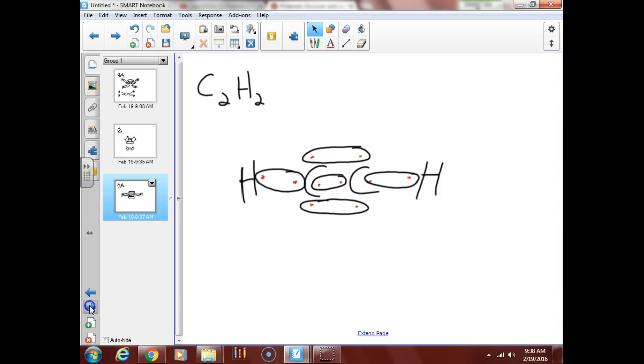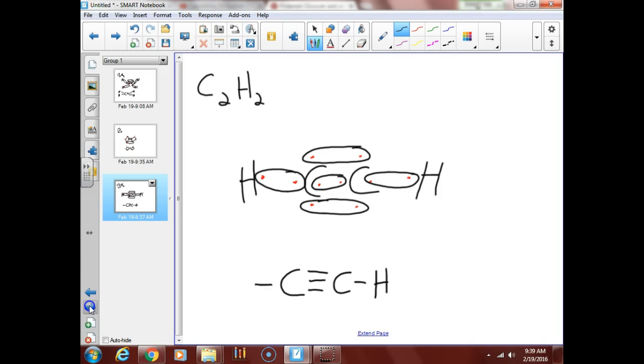So now we've got 2, 4, 6, 8 for this carbon. And now this carbon has 2, 4, 6, 8. And so to rewrite that into the structural formula, this is what that looks like. So our triple bond is represented with 3 dashes now. Double bonds are represented with 2 dashes, and then the single bonds are represented with 1 dash.